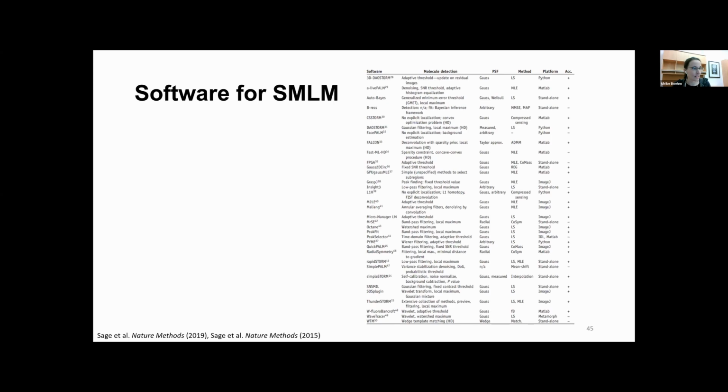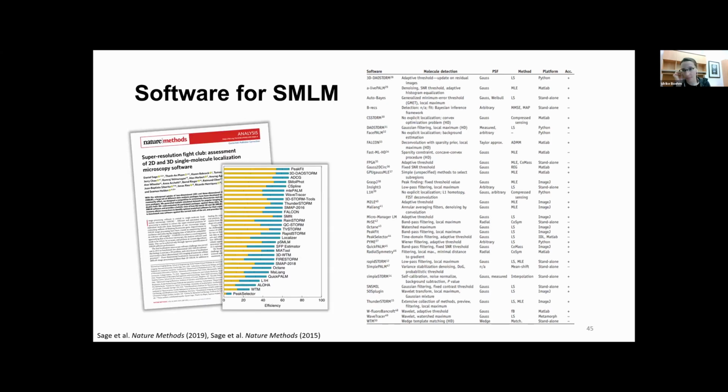Overall, one can say that there are lots of software packages out there to do exactly these steps which I've already described, either the detection or the localization, or also other drift correction steps. Over time, because there's a large set of different programs available, it's sometimes hard to make a choice.